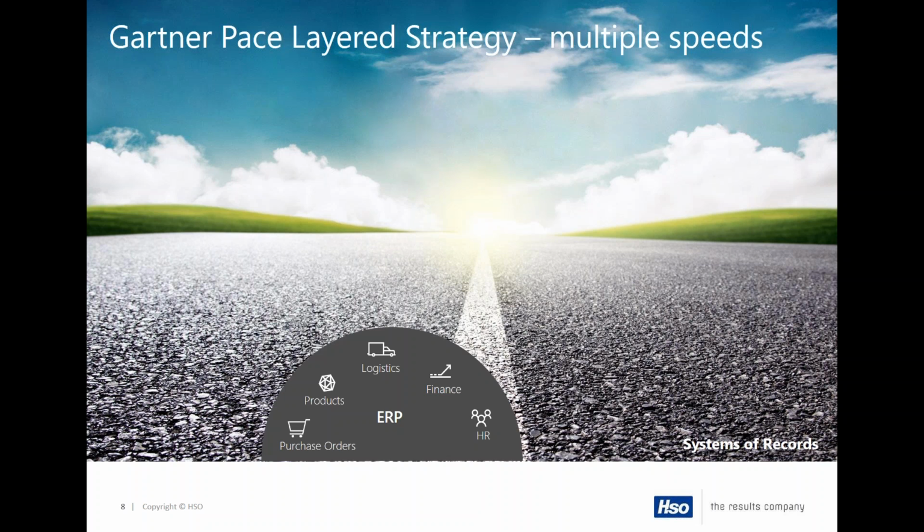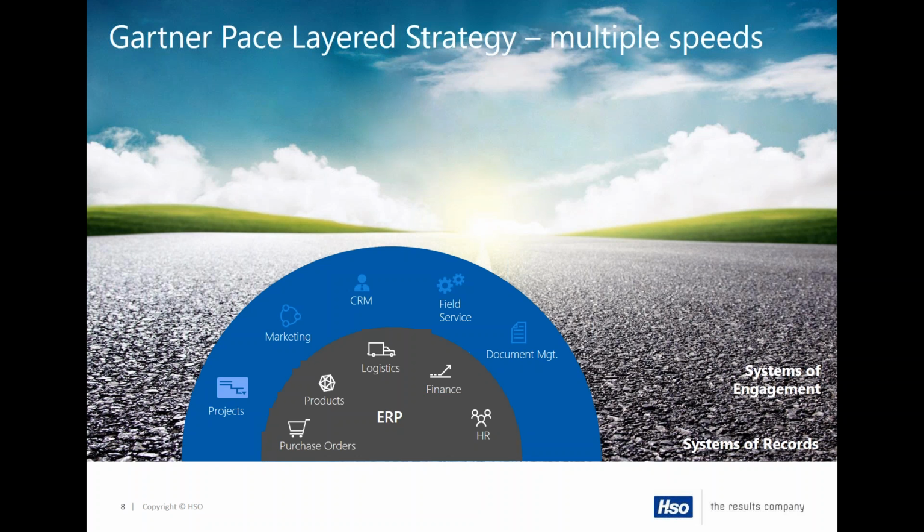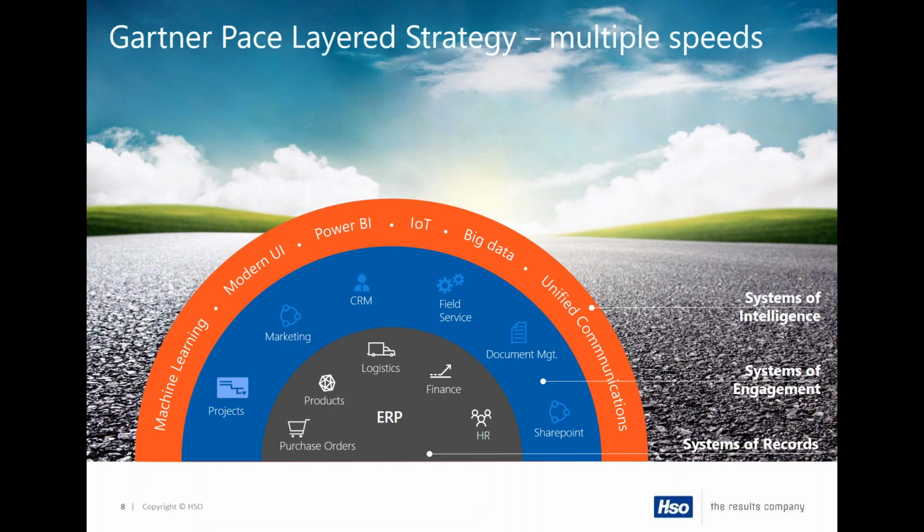And maybe it's good to explain a little bit more about the market view, not only from Microsoft or from other vendors, but specifically in this case from Gartner. So Gartner created a few years ago a new view on the market, a new view on application layering in a company, and that's the way Microsoft built, and other vendors in some cases did also, a new application landscape to be able to support you in your digital transformation.